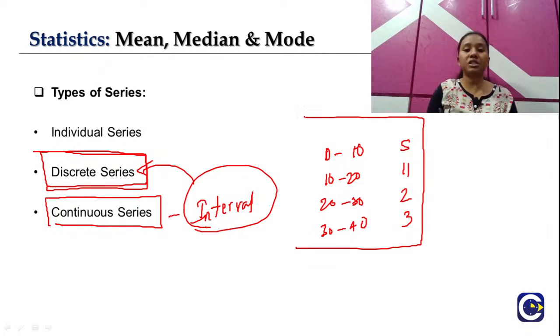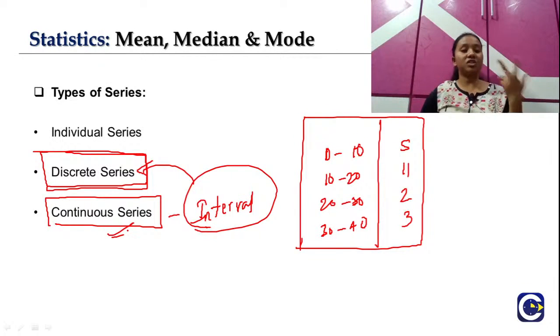So when you see intervals present, that series comes under the continuous series. So here we have 3 types of series. The first one is individual, simple numbers; the second, discrete series, has the frequency; and the third, continuous series, has the information in interval form.